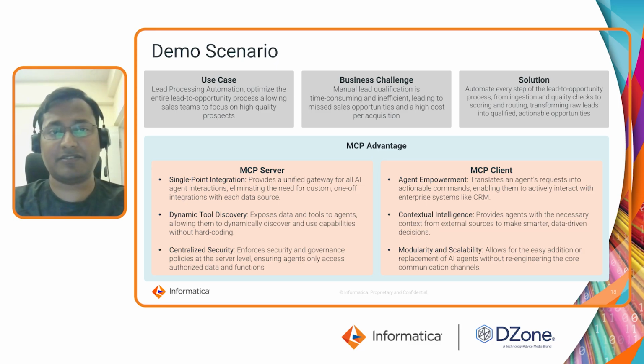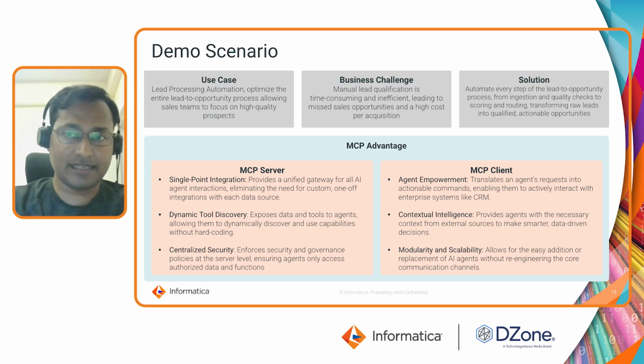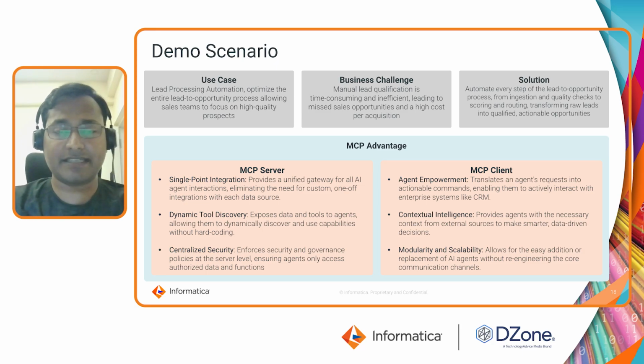This leads to missed sales opportunities and high cost per acquisition, and this is a challenge that enterprises have been trying to address for a long time. There are a lot of point solutions, processes and automations in place. But what MCP has done is really revolutionize how we can make these process automations function very seamlessly and reduce all those manual efforts from weeks to days.